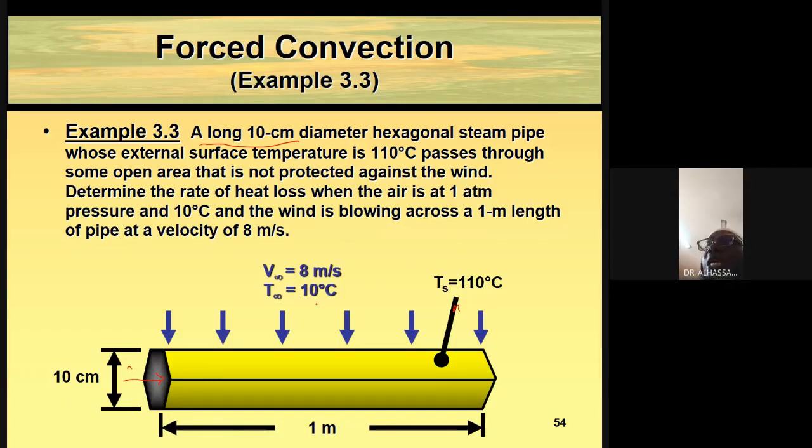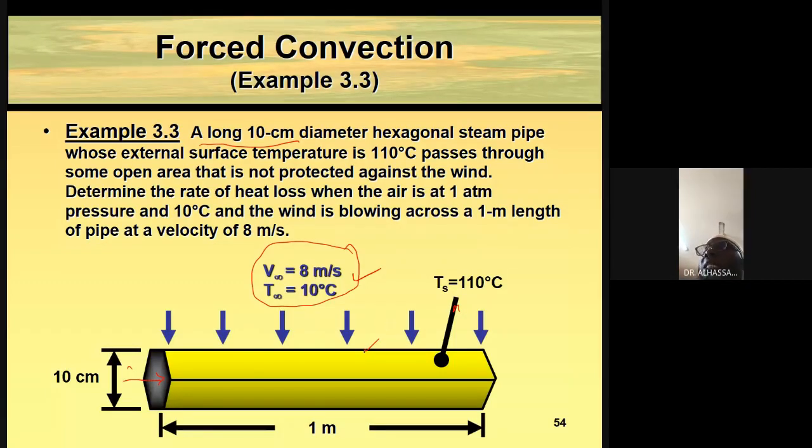So the hexagon tube happens to pass through, let's say, air whose properties are: velocity is 8 meters per second, temperature is 10 degrees Celsius. So obviously there will be interaction between the atmospheric air and the surface of the hexagon.